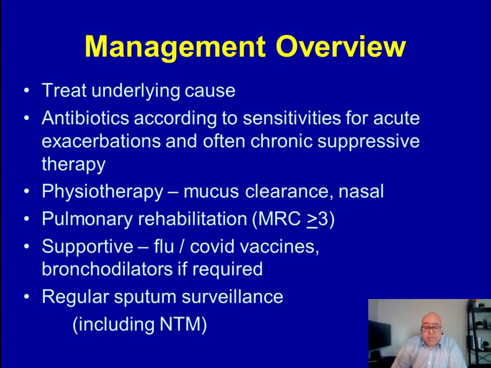Really importantly, physiotherapy for airways clearance, but also potentially nasal management as well. Pulmonary rehab may be appropriate in patients who are more breathless. And of course, our supportive measures, including vaccinations and possibly bronchodilators, and some mechanism for regular sputum surveillance.